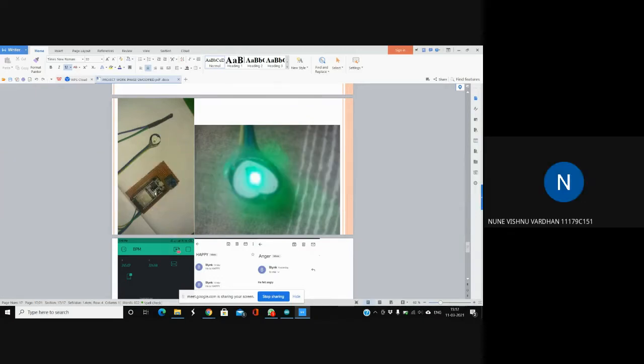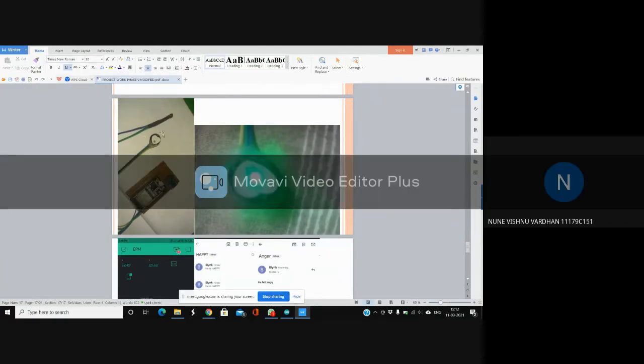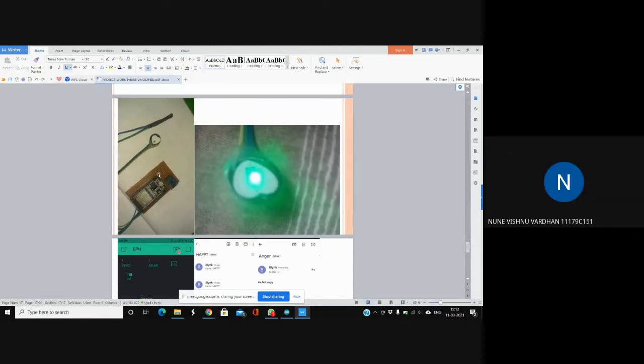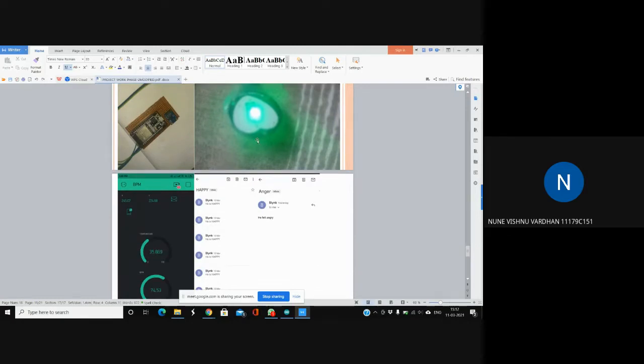It has a 12-bit ADC, and all these outputs are analog voltages. Using the ADC in the microcontroller, we convert the voltage into the respective temperature and heartbeat BPM.